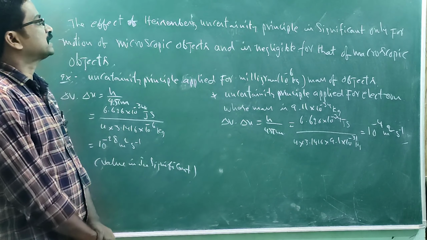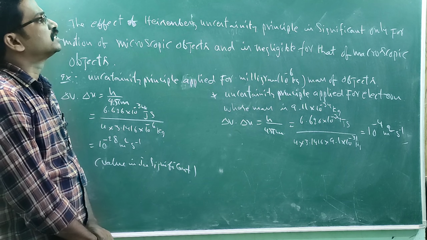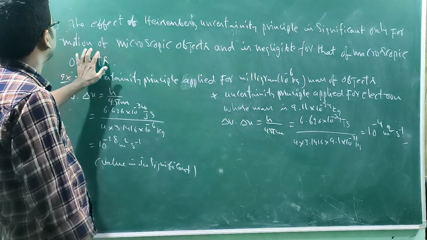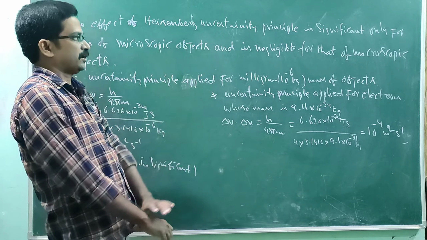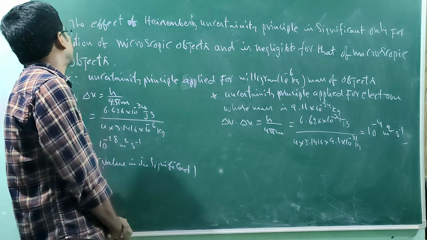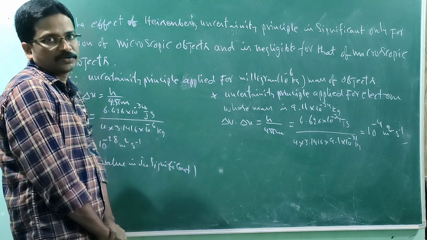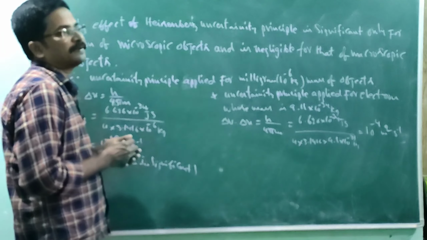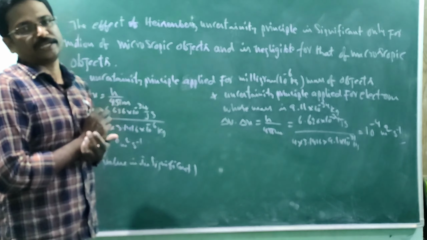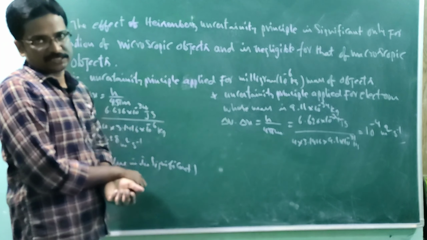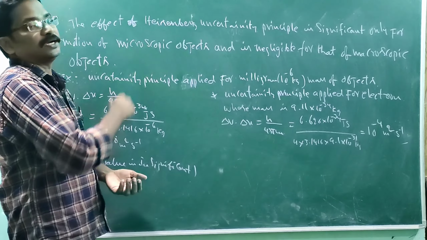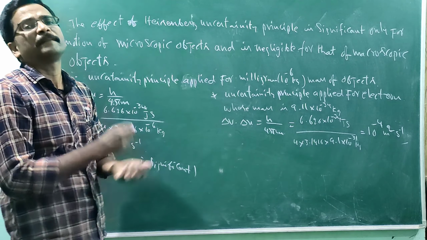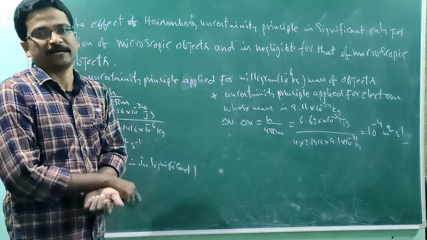The effect of the Heisenberg uncertainty principle is significant only for the motion of microscopic objects and negligible for macroscopic objects. How can we prove that it is valid for microscopic but not macroscopic particles?